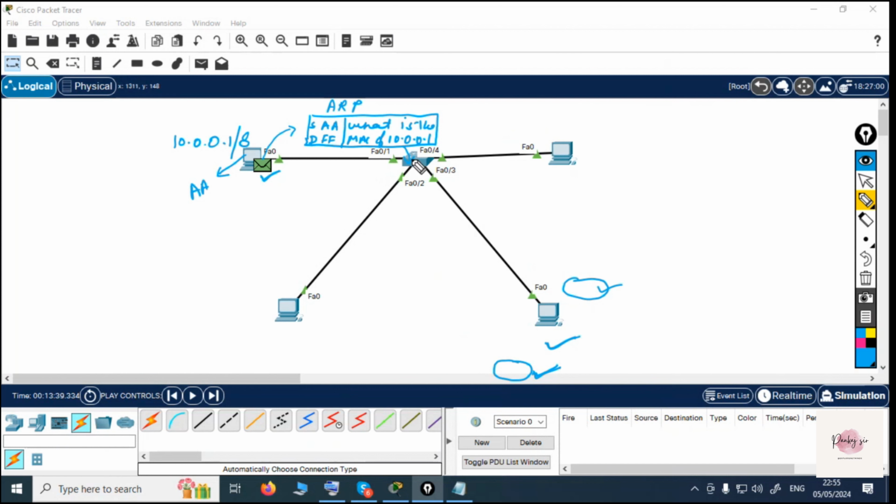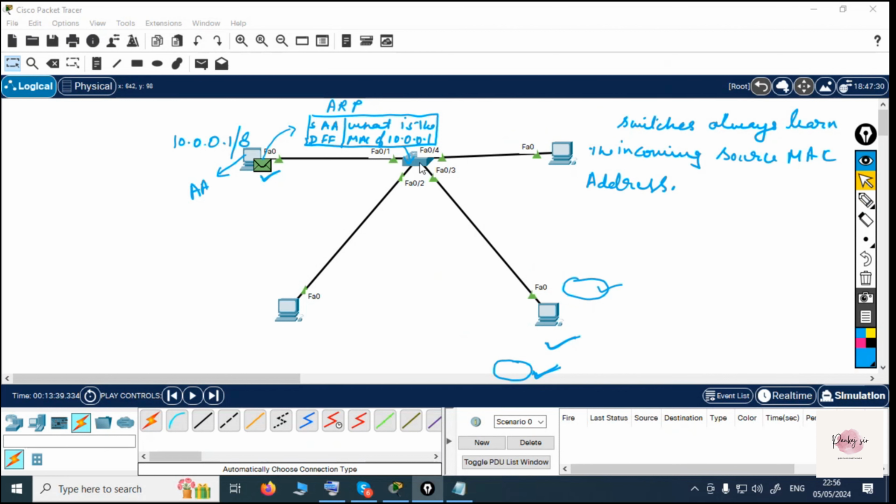So here we have a switch. I have already told you that switches always learn the incoming source MAC address. Switches always learn the incoming source MAC address.